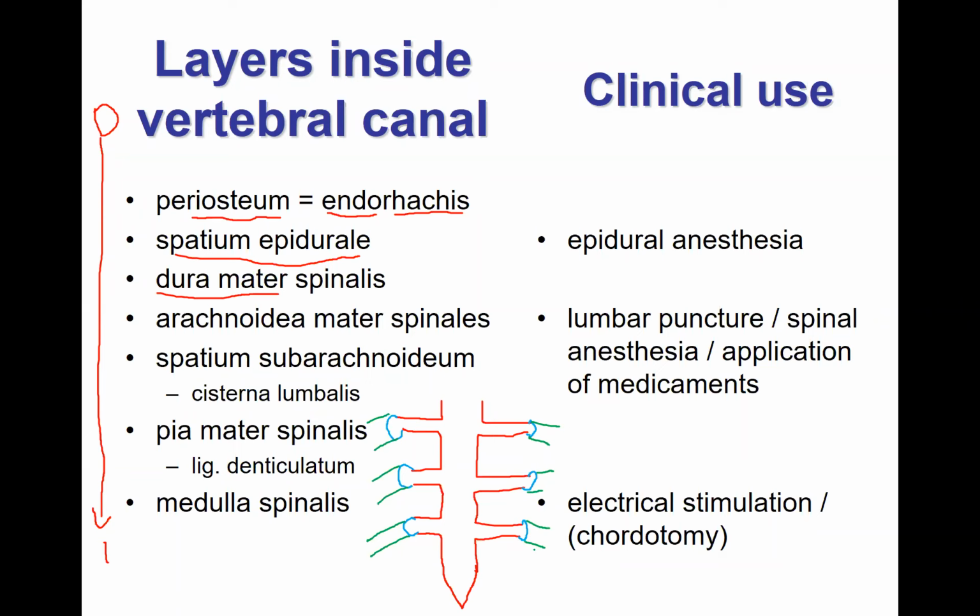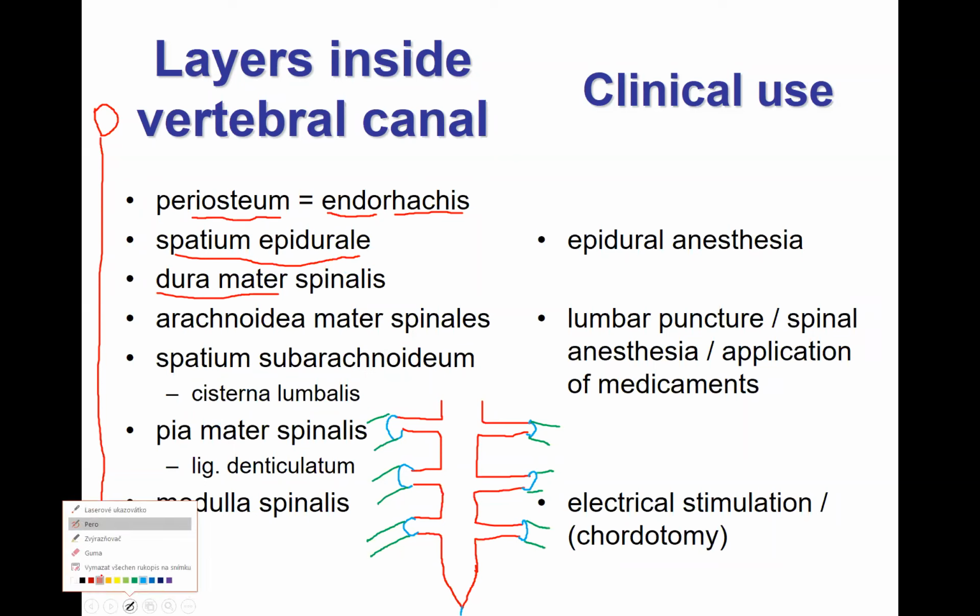So the dura mater, which is red, fuses with epineurium, which is green, and fuses with periosteum, which is blue. And this fixes the whole dura mater inside the vertebral column. And it's of course fixed here down to periosteum as well, as the filum terminale. So that's the dura mater.